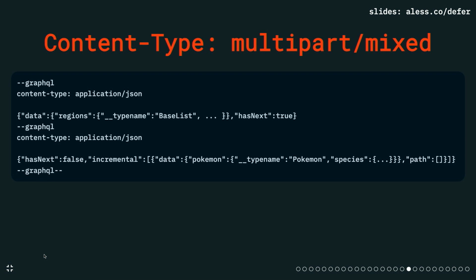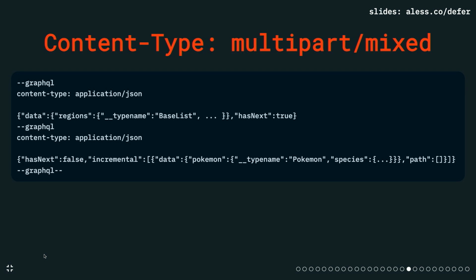We see that we have these chunks of JSON separated by this boundary that contains the string that was specified in our request header. And we have the initial chunk with our regions, and then our final chunk with the Pokemon details that has the hasNext false property that tells us that this is the last chunk.